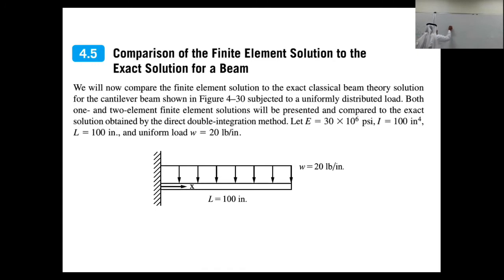The second derivative equals M over EI. You just need to find moment as a function of X and integrate. How do you find the deflection? You integrate twice and you put boundary conditions. Then you'll find V as a function of X and V prime as a function of X. So you know the slope and you know this. That's it.